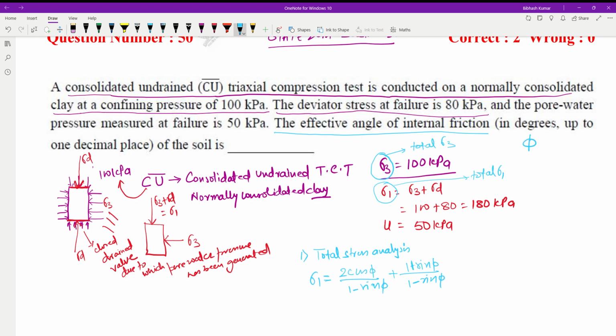Oh, something is wrong. 2c cos phi by 1 minus sin phi. Let me check.